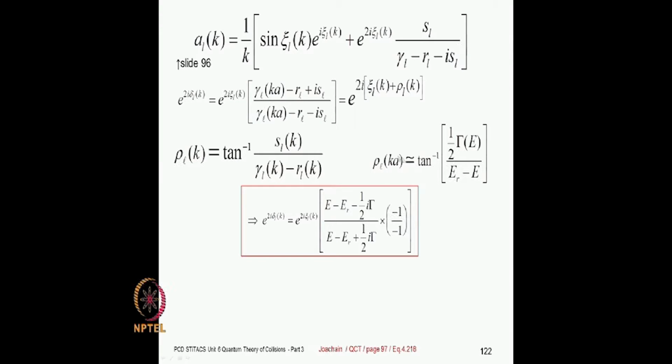Over here the rho angle is defined in terms of the resonance energy parameters gamma and the resonance energy.